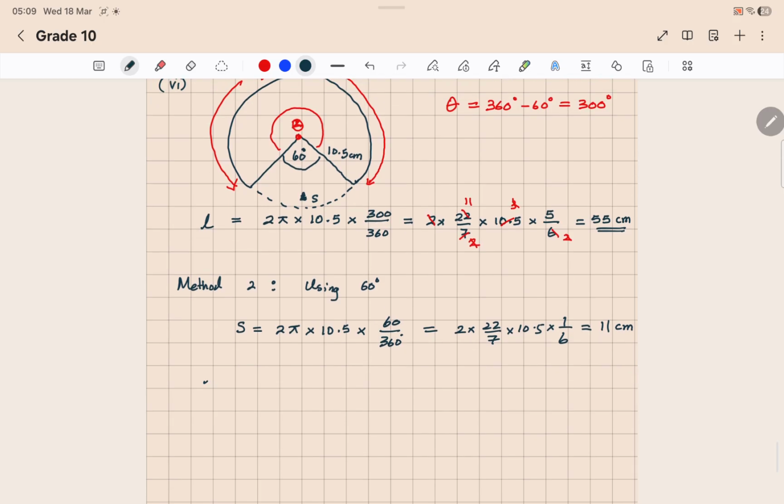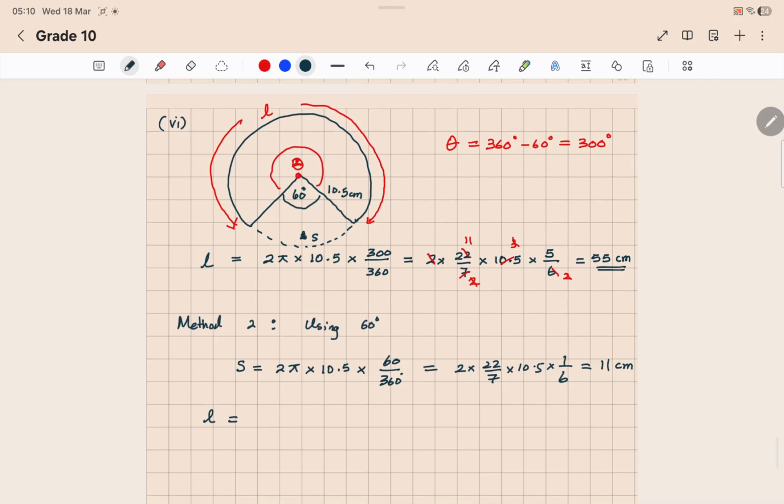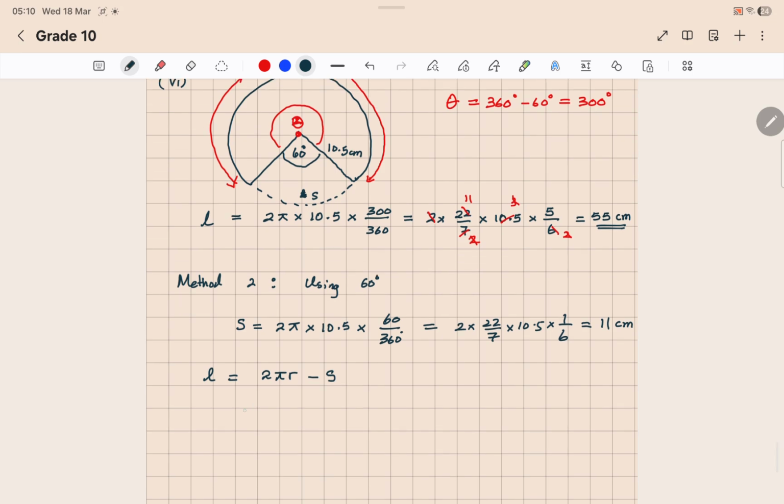Then L is the length we want to find. That is going to be the circumference, 2 pi r, minus S. So you have to find the full circumference. So 2 pi times r, where pi is 22 over 7. From that you have to remove S to get the L length, the big arc length. 2 times 22 over 7 times 10.5 minus 11, right?